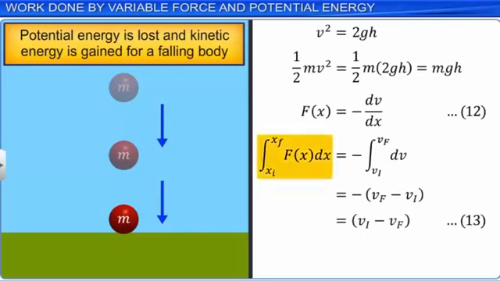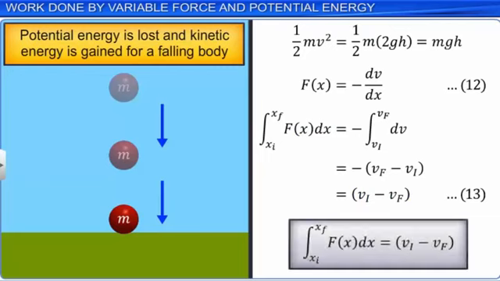Integral of F of x dx within the limits xi and xf is equal to Vi minus Vf. From equation 13, we can see that the work done on a body by the force depends on the initial and final positions only, and not on the path followed by the body. Such a force is called a conservative force.